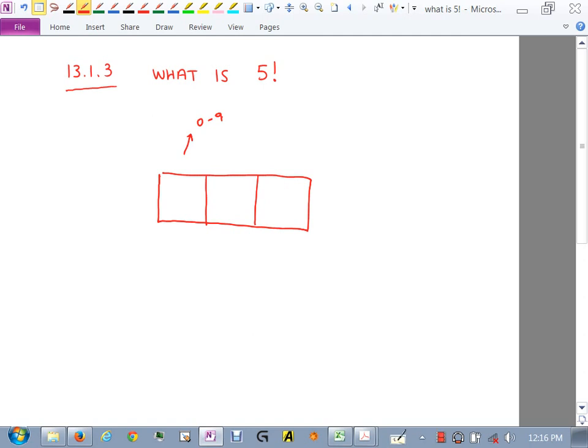How many different combinations are possible? Include 0 though: 1, 2, 3, 4, 5, 6, 7, 8, 9, and 0 would be 10. So 10 here, 10 here, 10 here. 10 times 10 times 10, 1,000. There's only 1,000 possible combinations on a 3-dial lock.